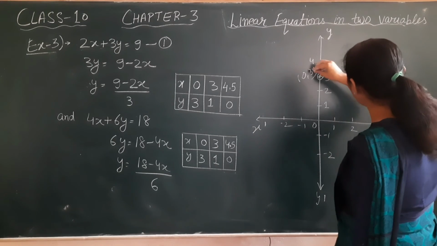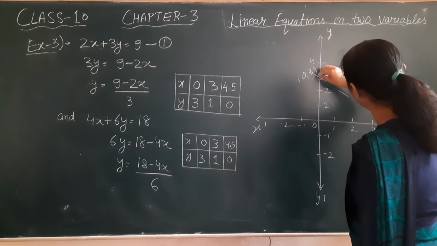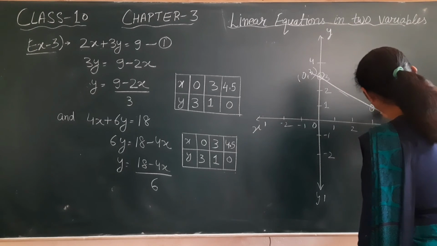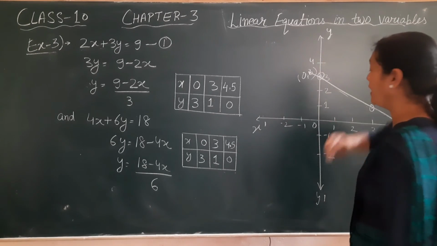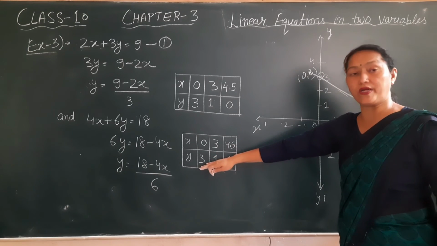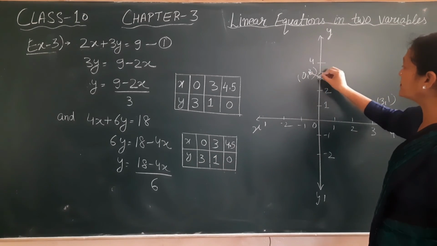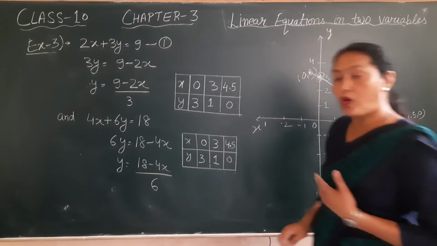So when we join these points, we get a straight line. Now if I try to plot the points of the second equation, what will happen? I will be plotting on the same points. Same points will be plotted again. So again if I draw the line, it will be the overlapping line.